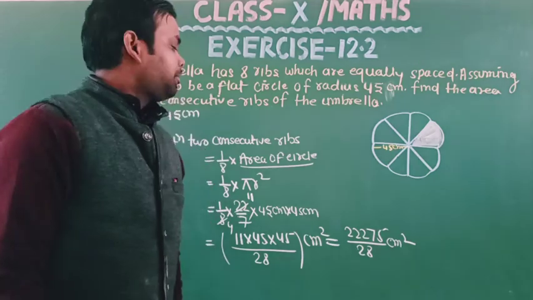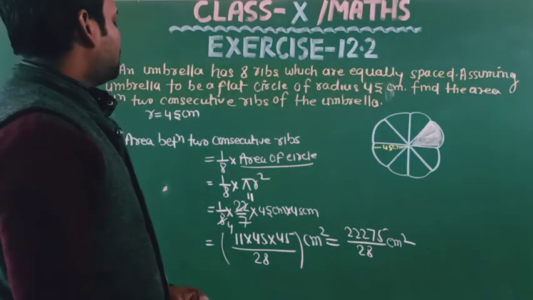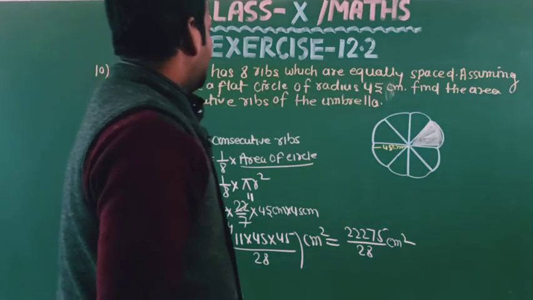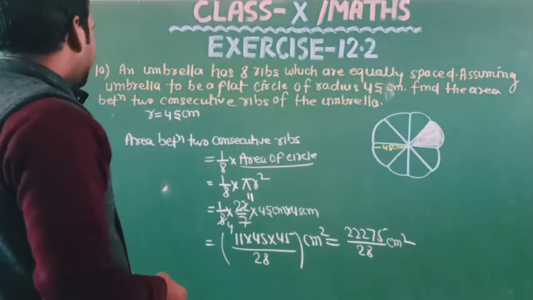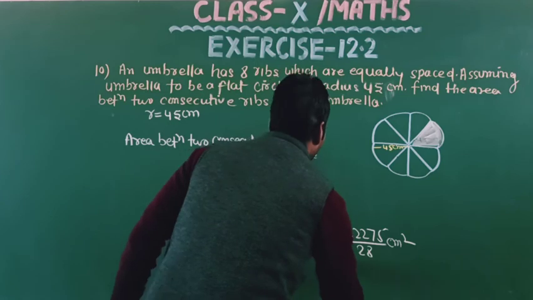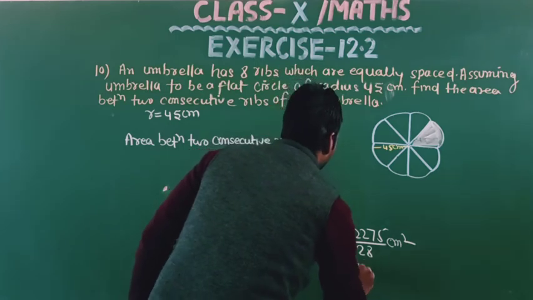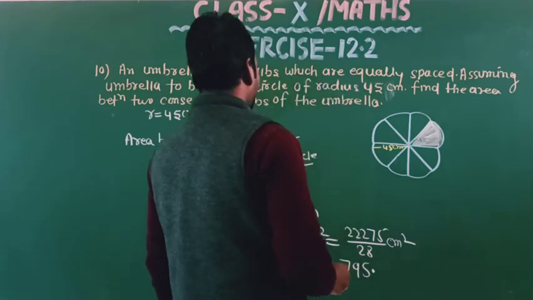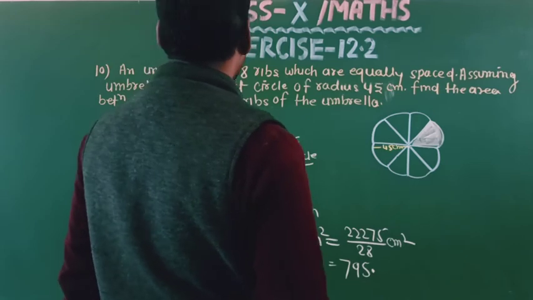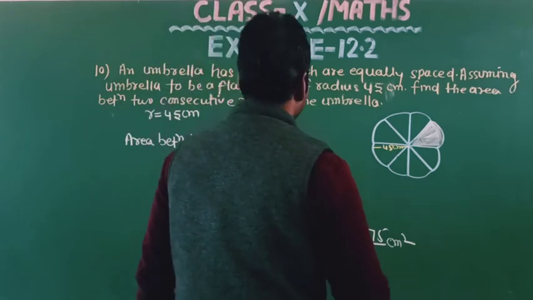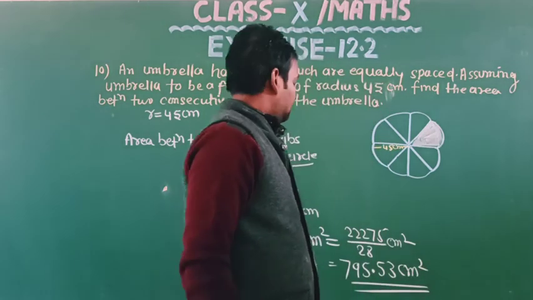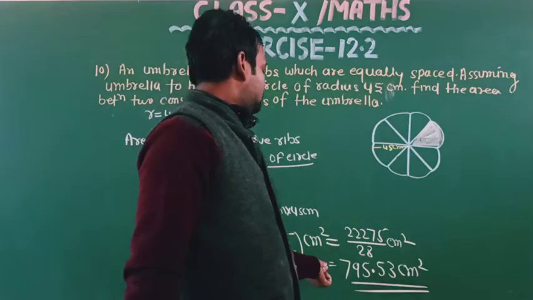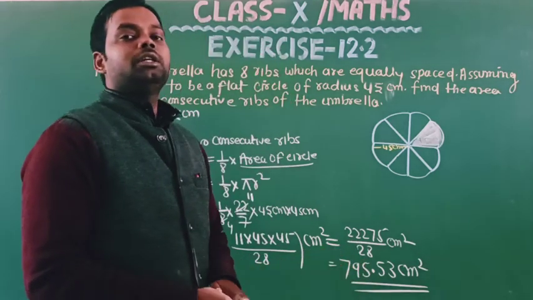Finally 22275 divided by 28 gives us 795.53 centimeter square.